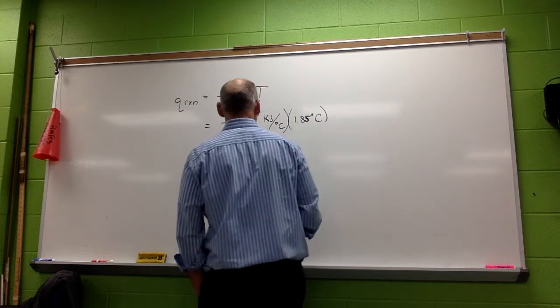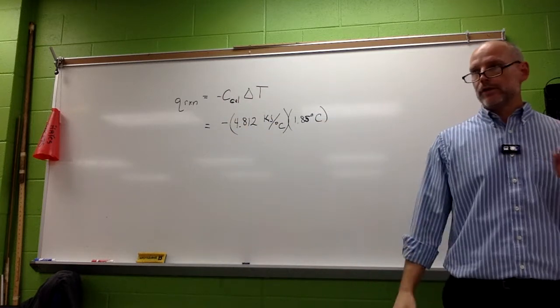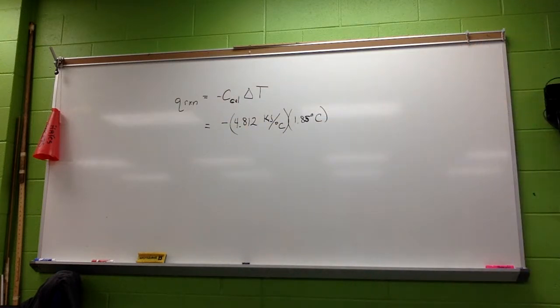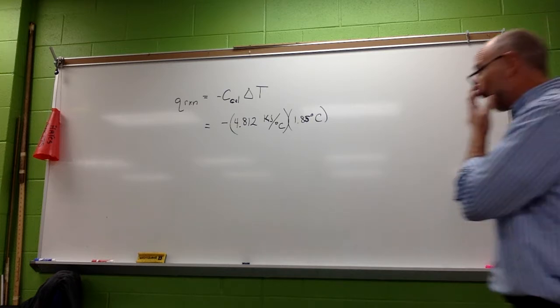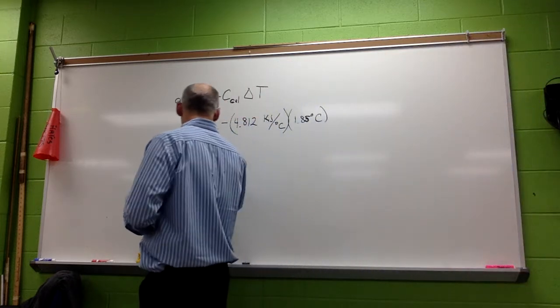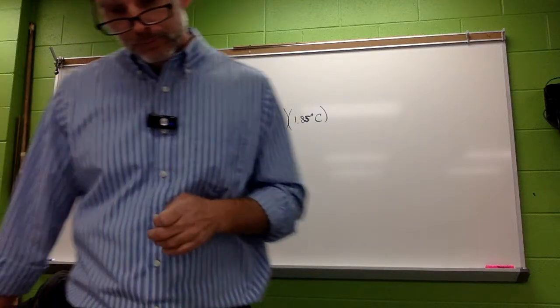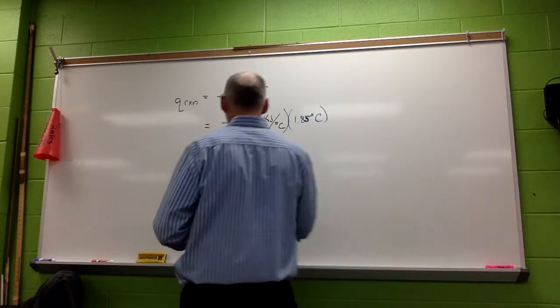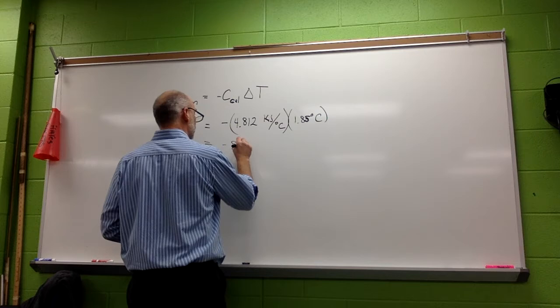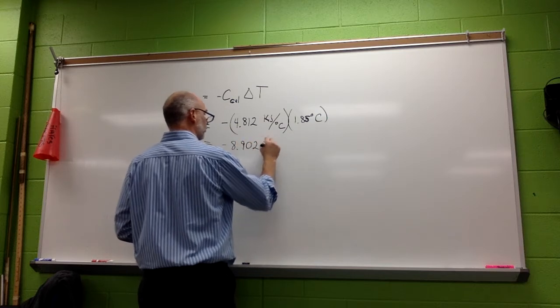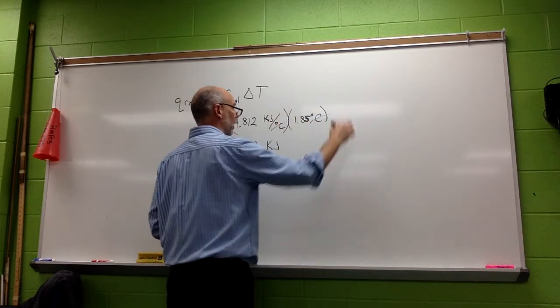Okay, so 1.85. What the negative sign does is switch us from looking at the surroundings to the system, because remember, we're worried about the system. Anyway, when you do the calculation, you come up with negative 8.902 kilojoules, because our degrees Celsius cancel out.